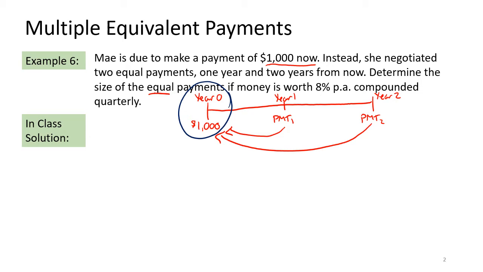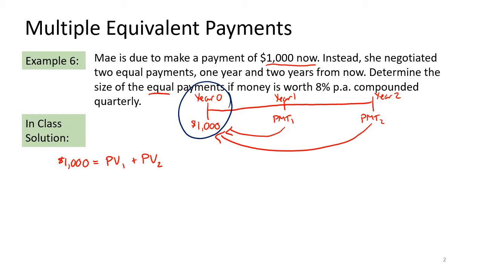So the amount that she owes today is $1,000, and that has to be equal to our two payments. Since we're moving into the past, we need to find present values. So it's the present value of payment number 1 plus the present value of payment number 2.